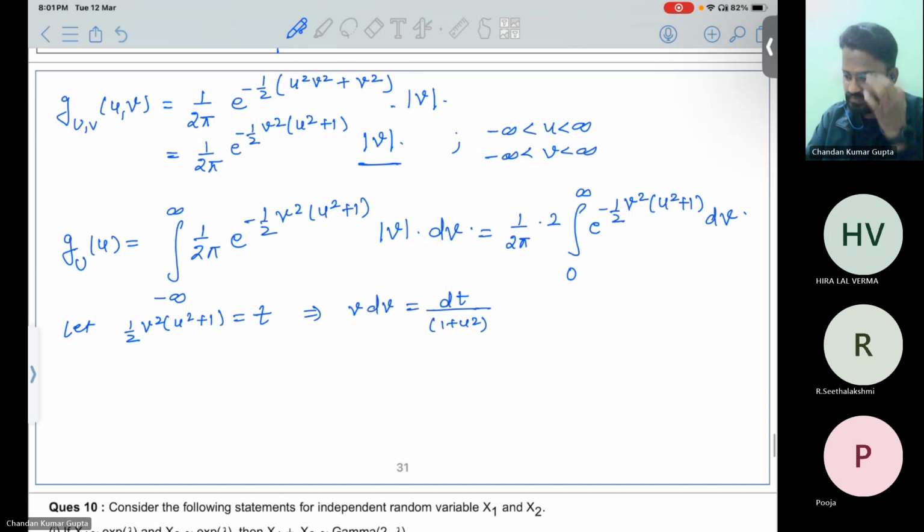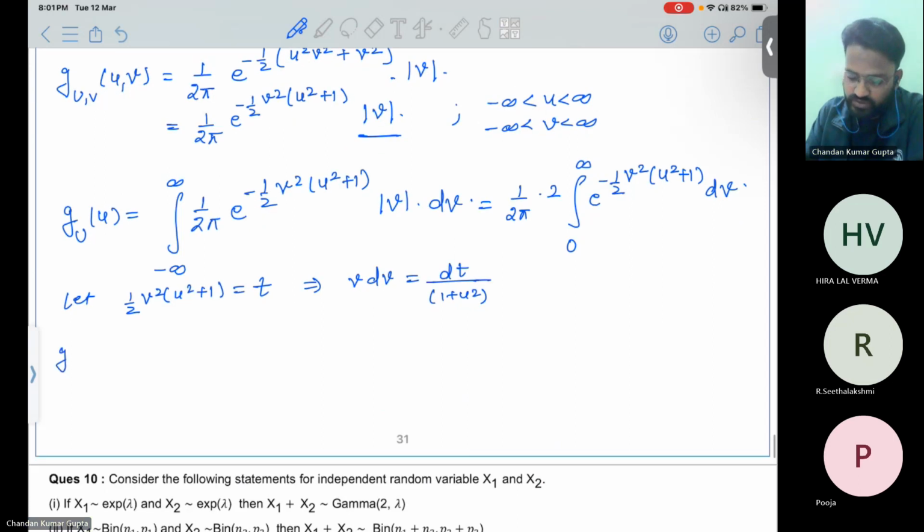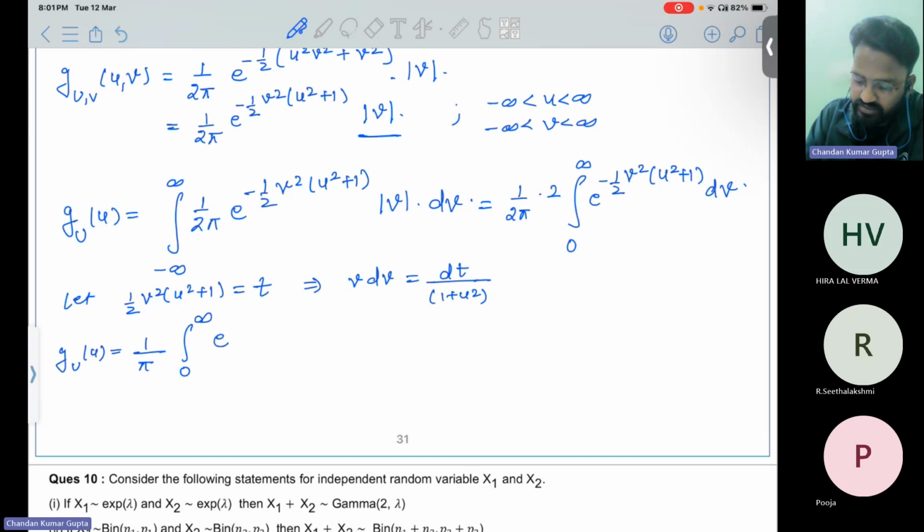So the 2 cancels out. It's 1 upon pi, integral from 0 to infinity of e to the power minus t dt upon 1 plus u square.